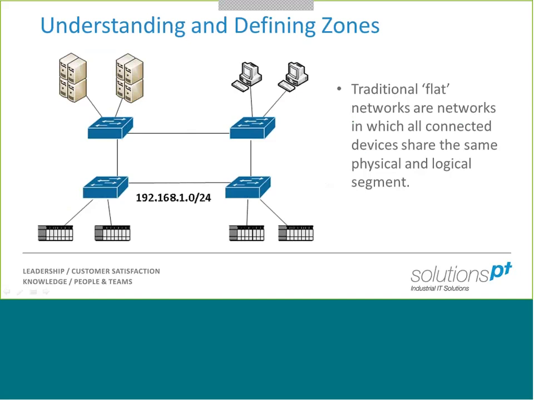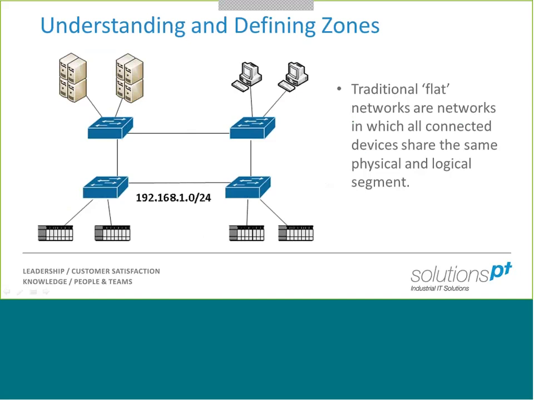Okay, so could you clarify what you mean by, in inverted commas, a flat network? Yeah, sure. Imagine a flat network as our one and only zone. When we look at zones, we're looking at different parts of a network that are segmented away from each other. When we talk about flat networks, we're essentially saying this is our one and only zone.